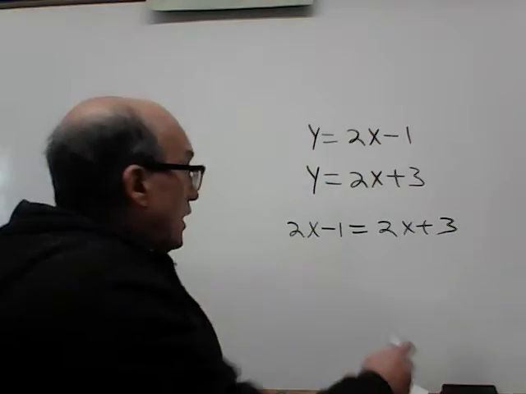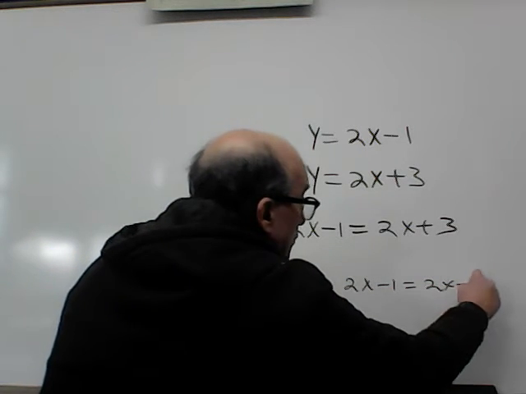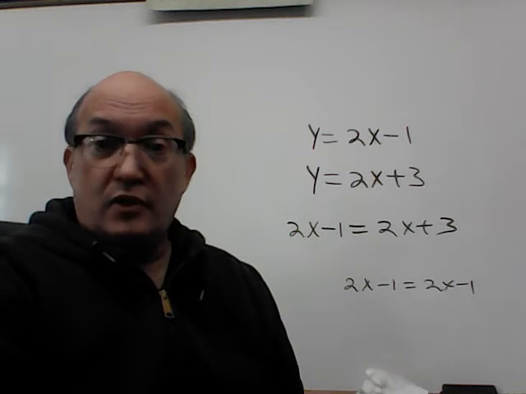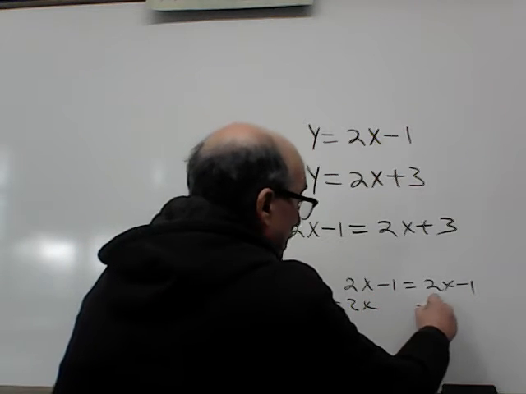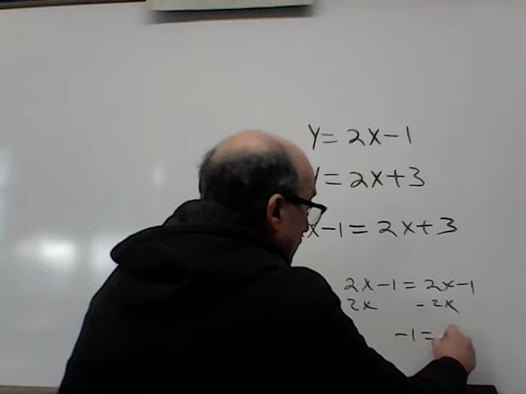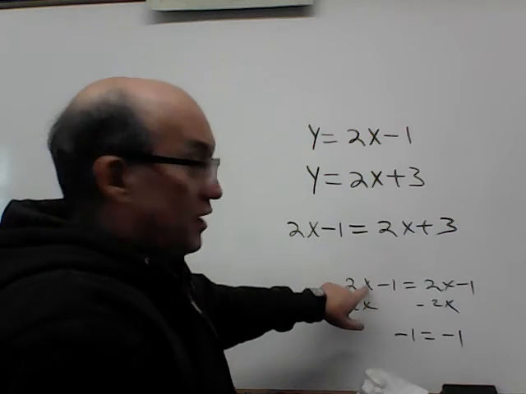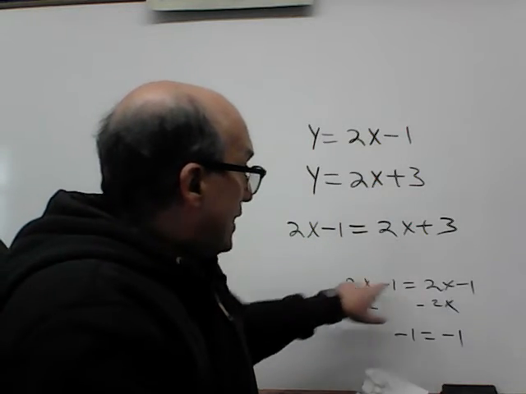And by the way, I just realized that in the previous system, when we had 2x minus 1 equals 2x minus 1, if 7th graders encounter that, and again, they follow their training, they would subtract 2x from each side, get negative 1 equals negative 1, a true statement, and then have to conclude that any real number x will work.